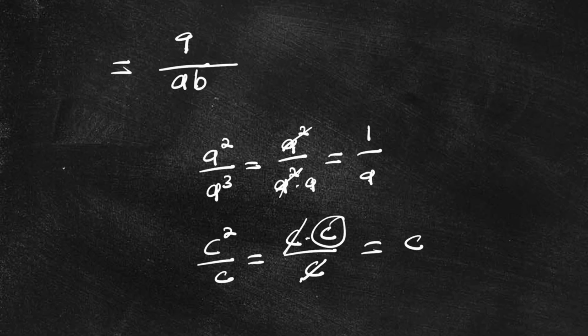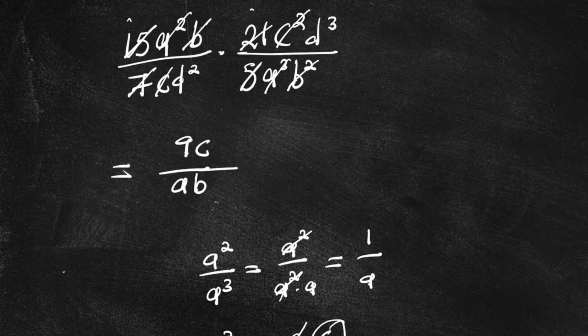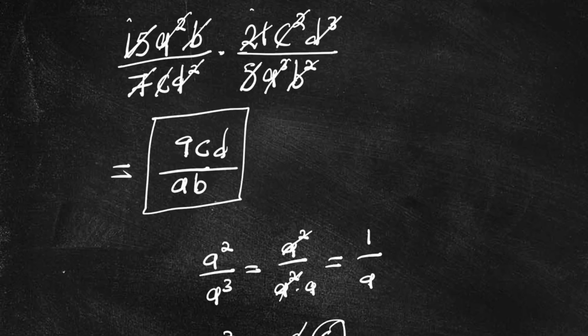So this becomes c, and c and c cancel. I do the same thing with d. In the denominator, I have d squared. In the numerator, I have d to the power 3. So d squared cancels with d squared and I remain with a d. So this is your final answer, 9cd divided by ab.